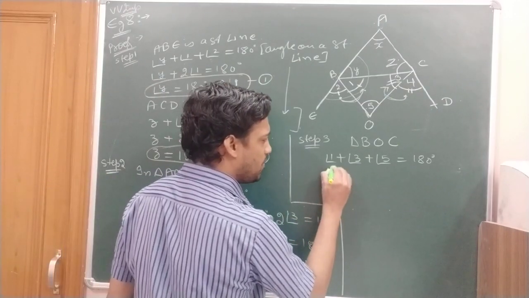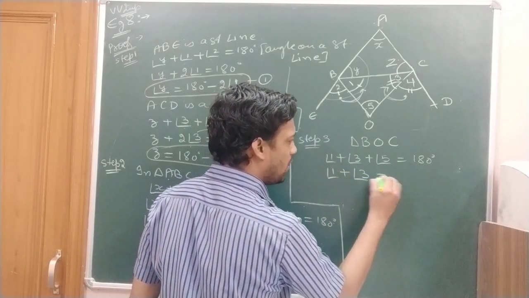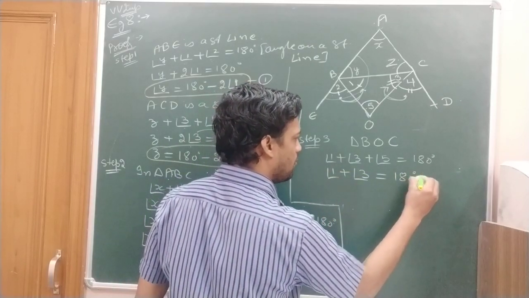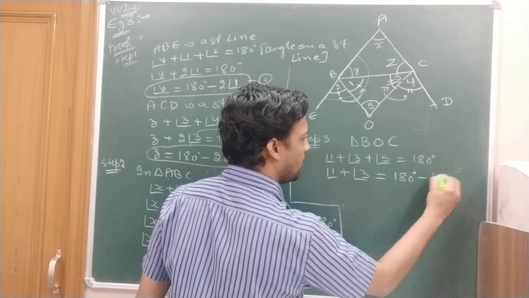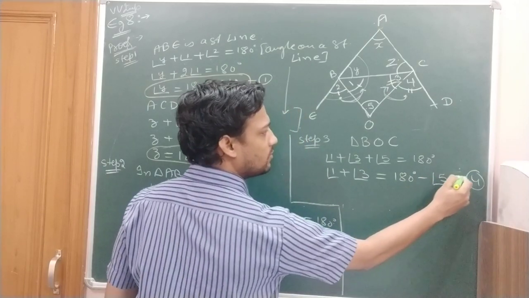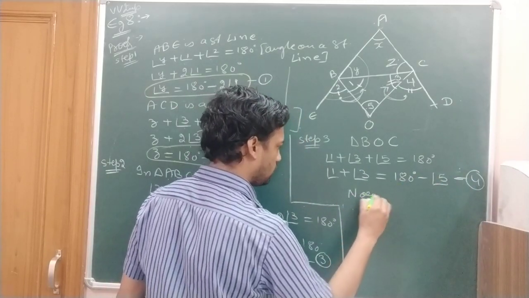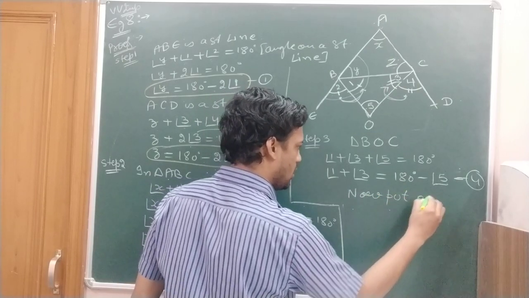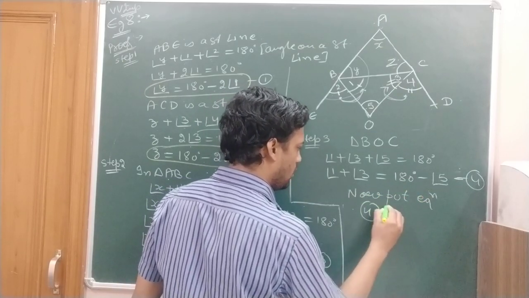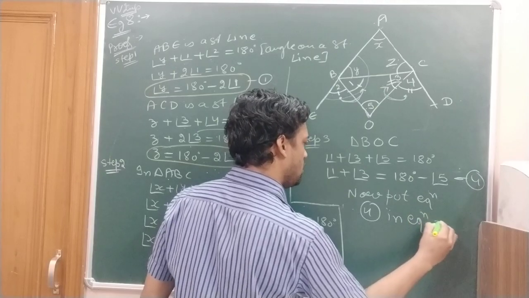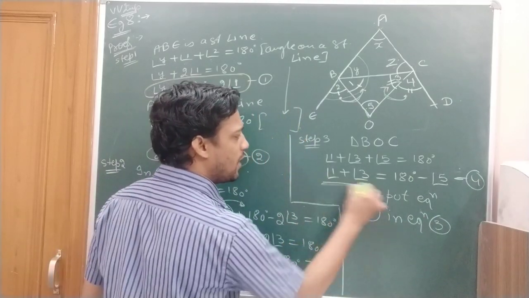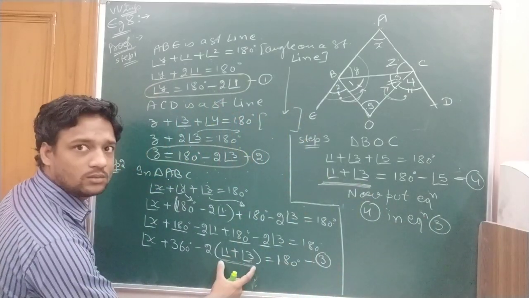What is the value of angle 1 plus 3? Angle 1 plus 3 equals 180 minus angle 5. Let it be equation number 4. Now put equation 4 in equation 3. Means the value of angle 1 plus 3 put here.